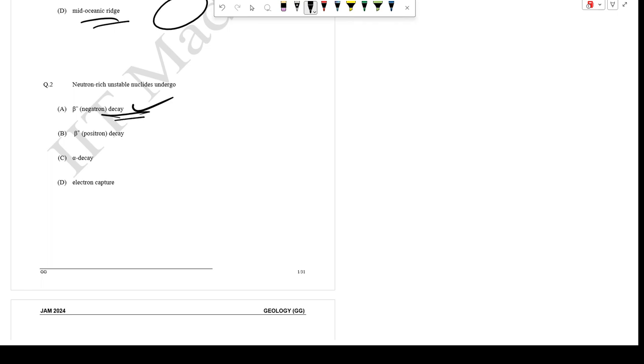And the beta negative decay, or negatron decay, is the process where a neutron decays into a proton, an electron, and an antineutrino.